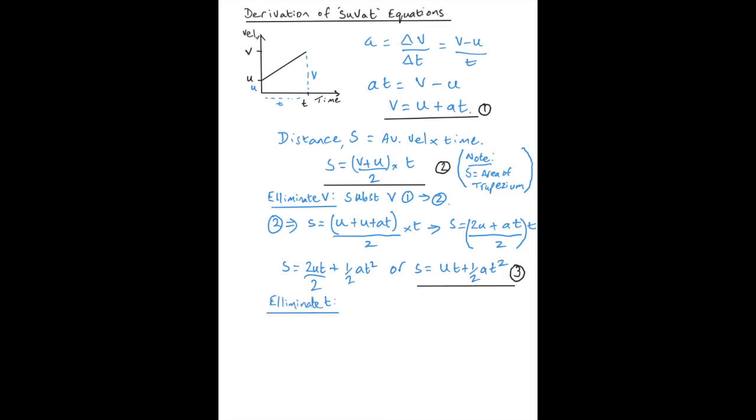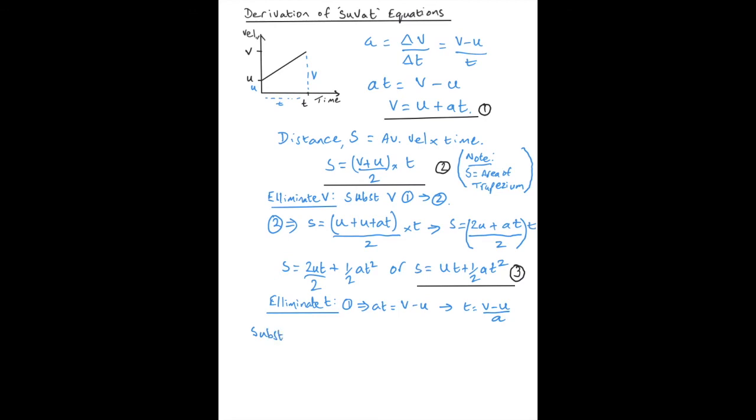In a similar way, we can now consider eliminating t from equations 1 and 2. From equation 1, we get that at is equal to v minus u, which in turn, on rearranging, gives us that t is equal to v minus u, all divided by a.